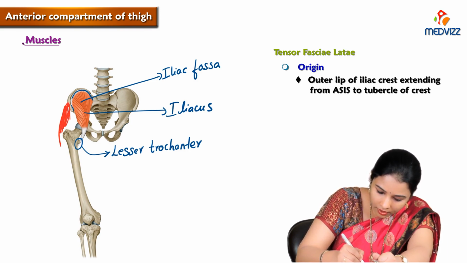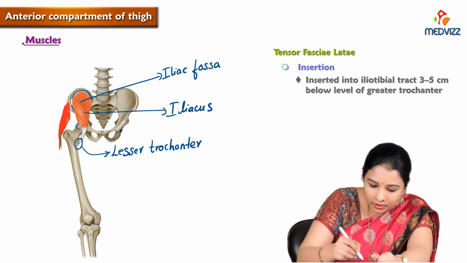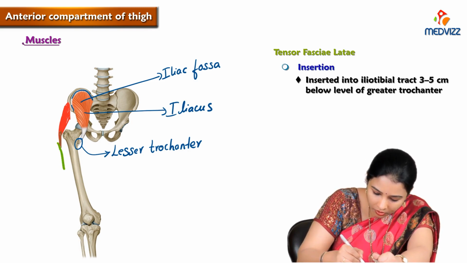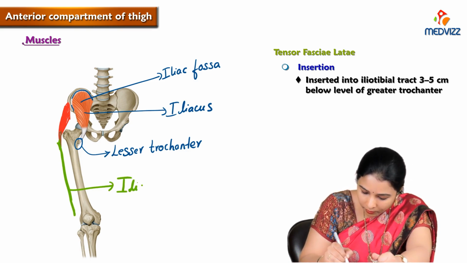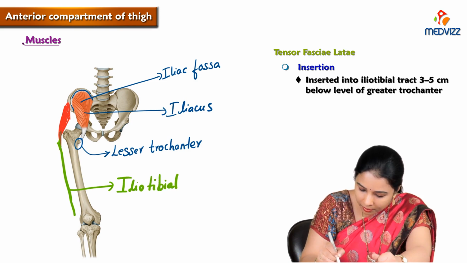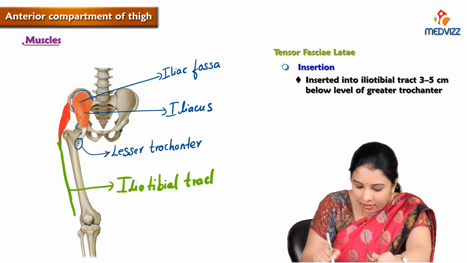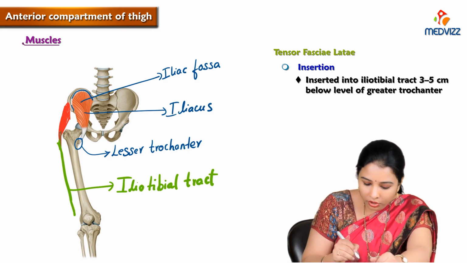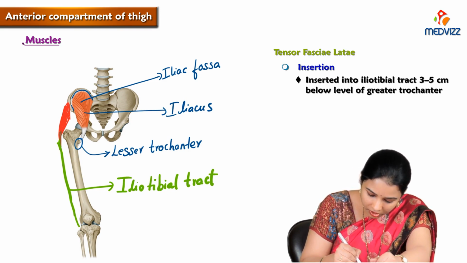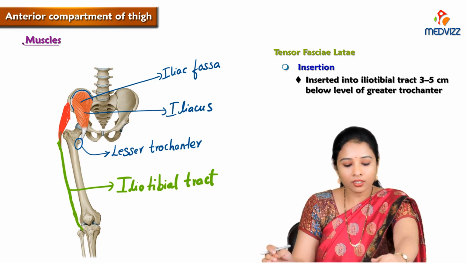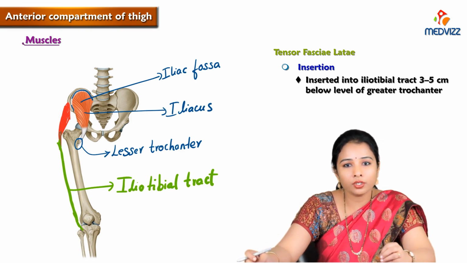So this is how it gets origin, and it gets inserted to a tract which is present on the lateral side of the thigh. This tract is called the iliotibial tract. The iliotibial tract is the modification of the deep fascia which attaches to the lateral condyle of the tibia below. So tensor fascia lata gets inserted to the iliotibial tract.